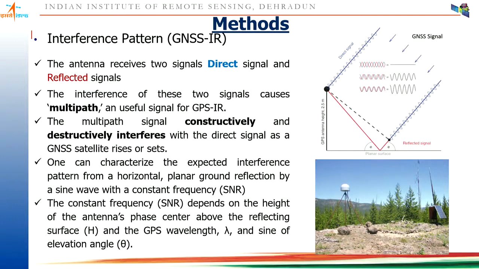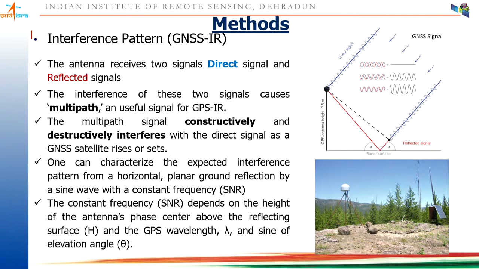Another is interferometric reflectometry. In that, what will happen? We have only one receiver, fixed on the ground, and both the direct signals and the reflected signals are received by this one receiver.